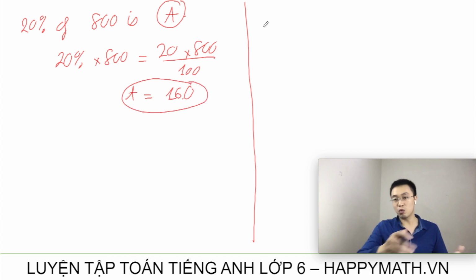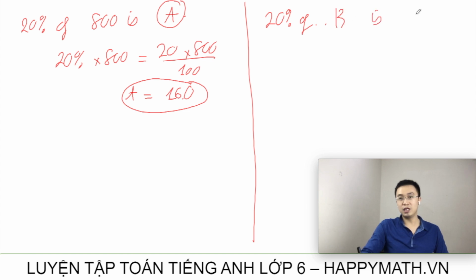But in the inverse way, you got 20% of something B, and it is equal to 160.